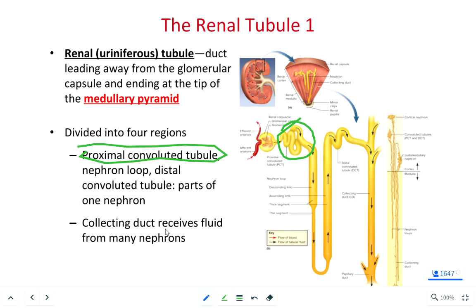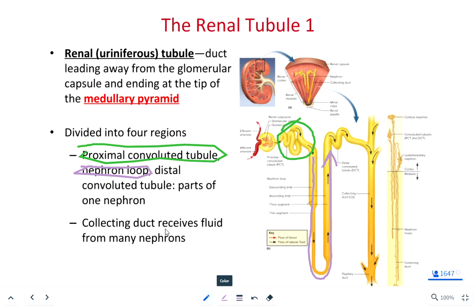From the proximal convoluted tubule, we're going to go to the nephron loop. The old school name for our nephron loop is the loop of Henle, and our nephron loop goes down and then back up again. After the loop of Henle, and I'll say loop of Henle because my first two A&P teachers made me learn that term, but nephron loop is the current term.